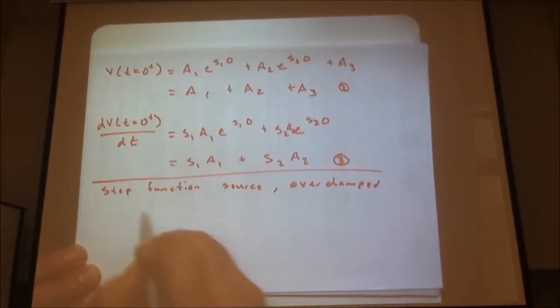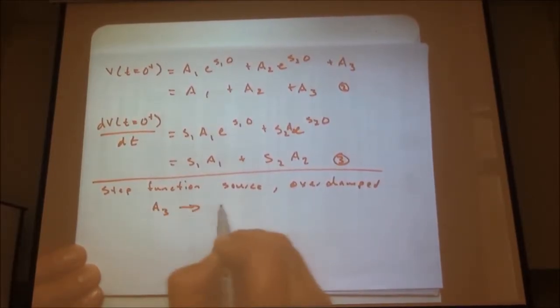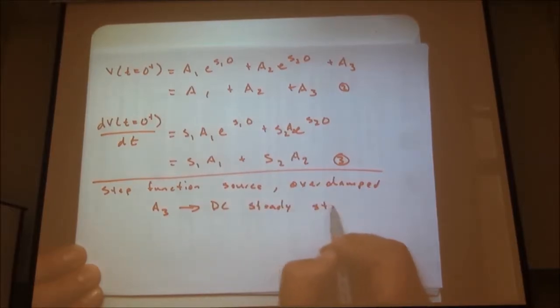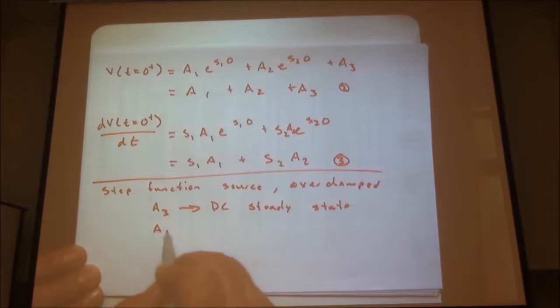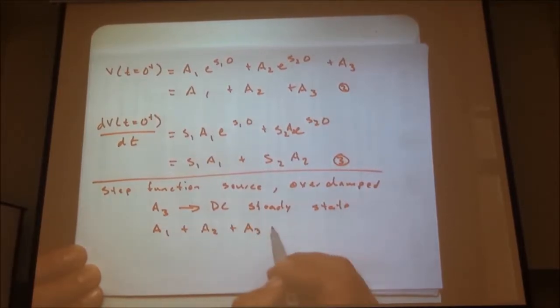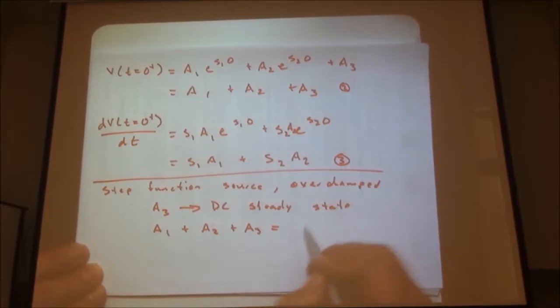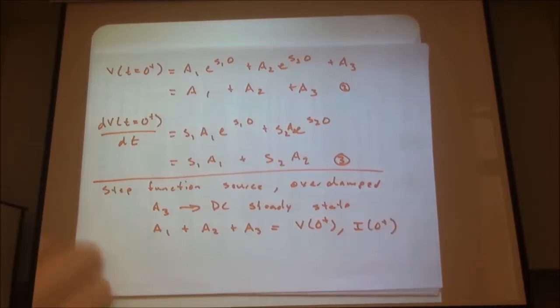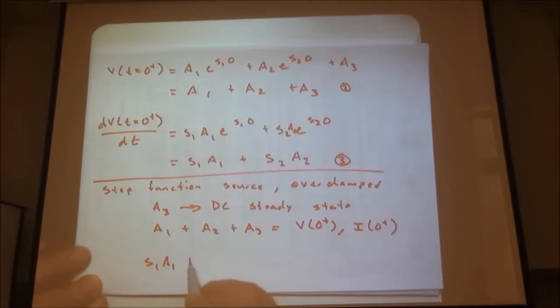We wind up with 3 expressions. A3 is the DC steady state term. A1 plus A2 plus A3 equals V of 0 plus or I of 0 plus, whatever we're looking at, whatever the case may be. And then S1, A1 plus S2, A2.